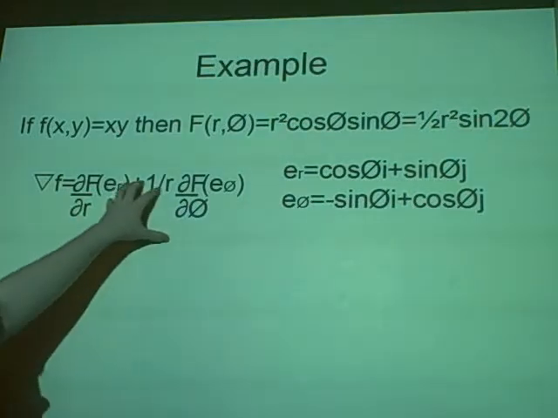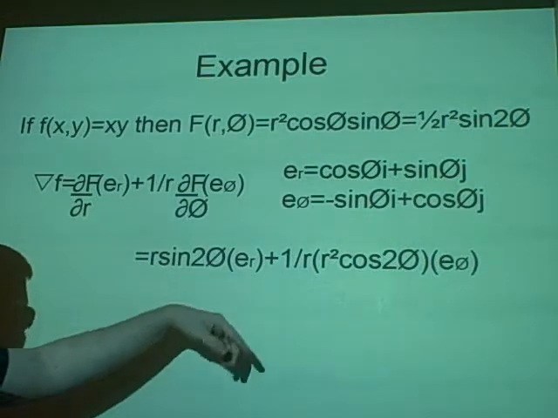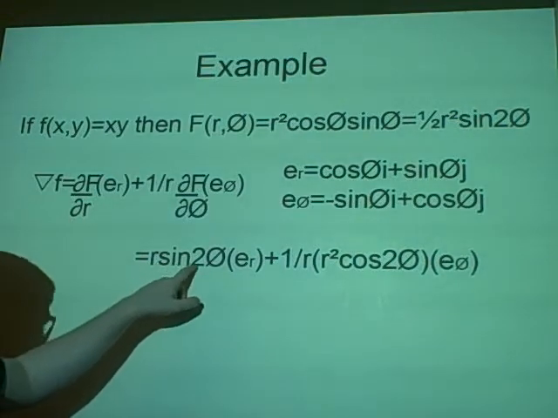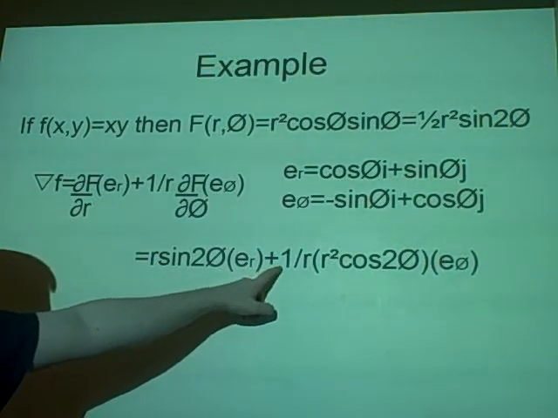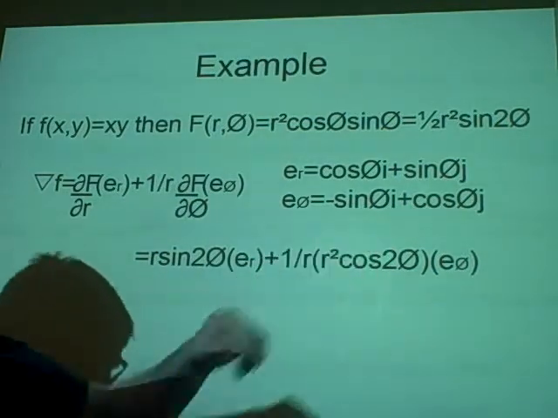Right, now we have to put it into this. So we have r sine 2 theta er plus 1 over r squared cosine 2 theta times e theta.